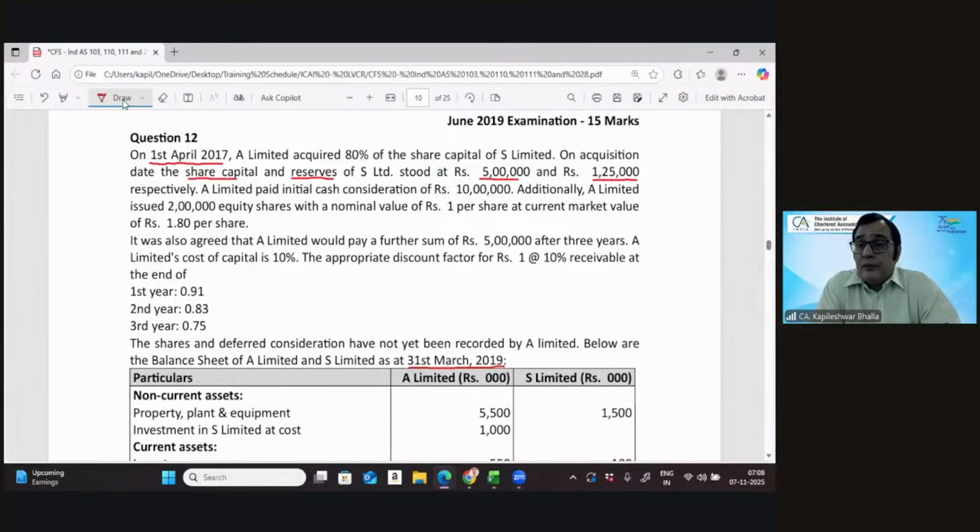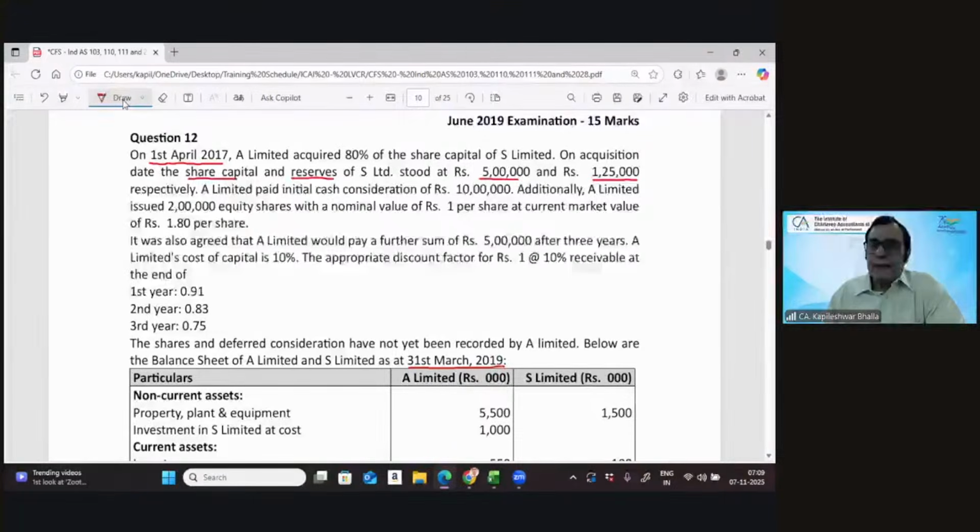But my advice is do not get carried away with this information. Even though the share capital and the reserve is given, we should still get the analysis of equity because there could be fair value adjustments. But even otherwise, we need to get the analysis.